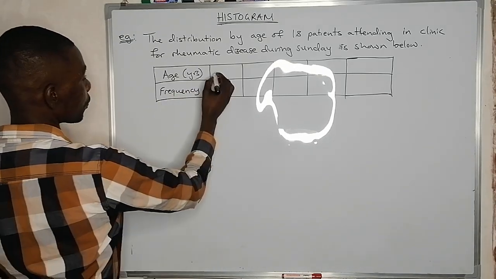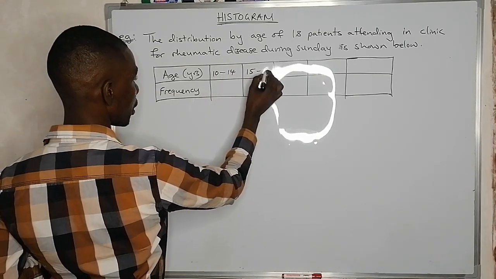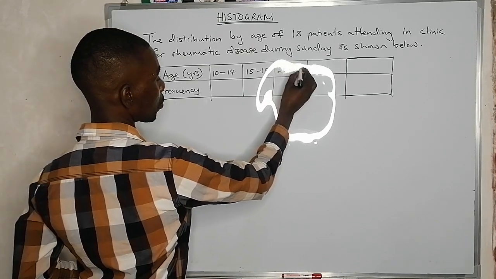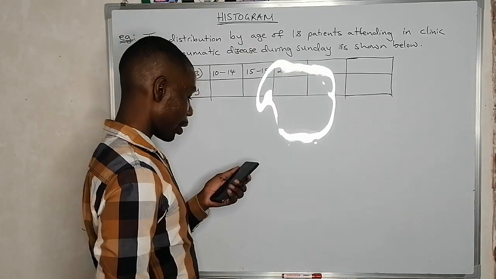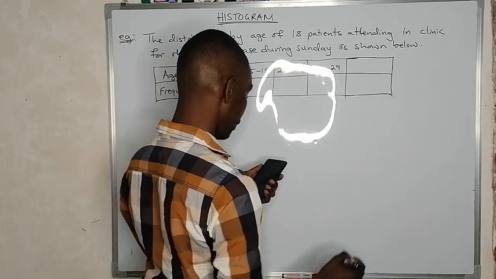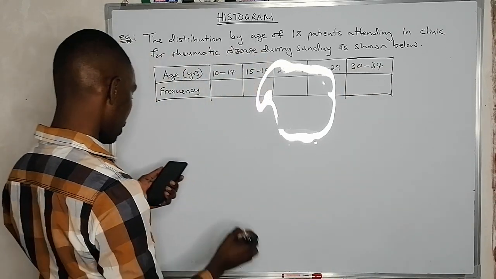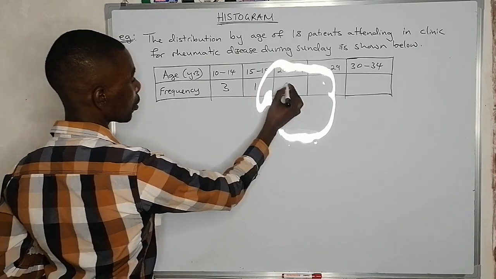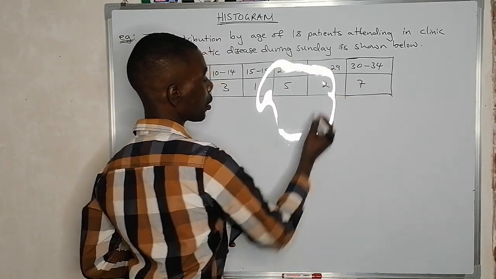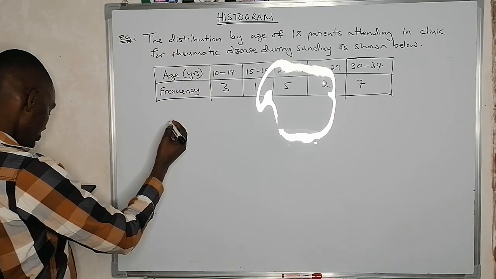For age you have 10 to 14, 15 to 19, 20 to 24, 25 to 29, and 30 to 34. Then for frequencies: 3, 1, 5, 2, and 7. Then the question is saying draw a histogram.